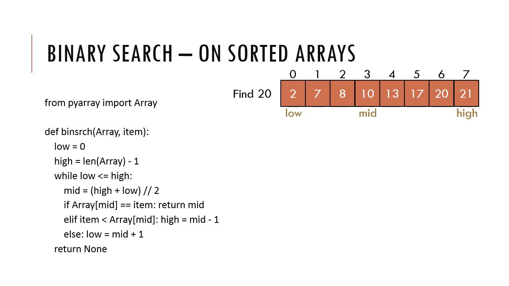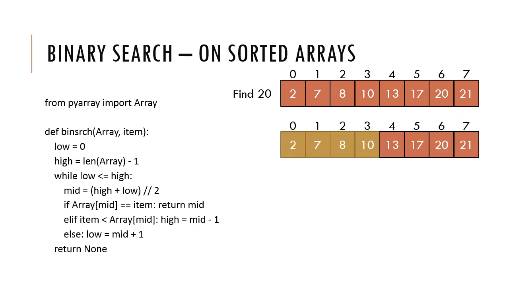Now we compare the element at mid with 20 and we say that 20 is greater than 10. So the first condition is false. Then the condition for the elif is false. So we come to the else and we set low equal to mid plus 1.